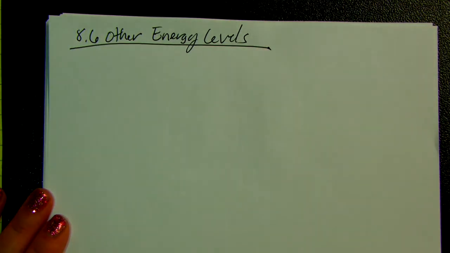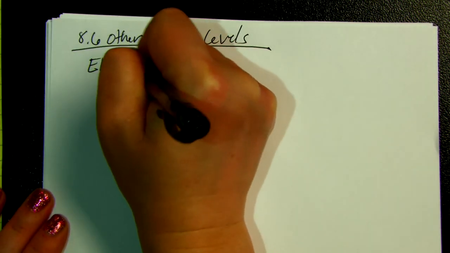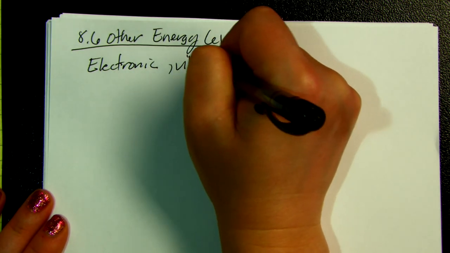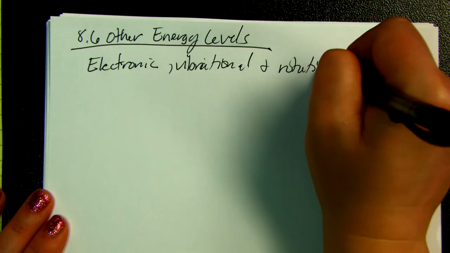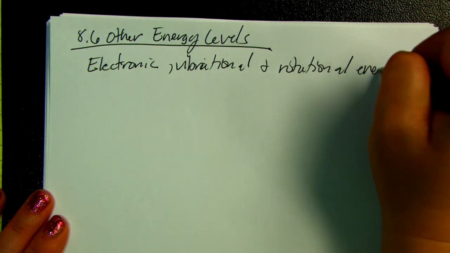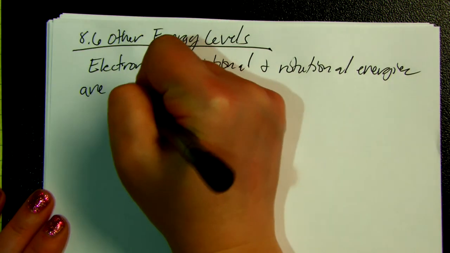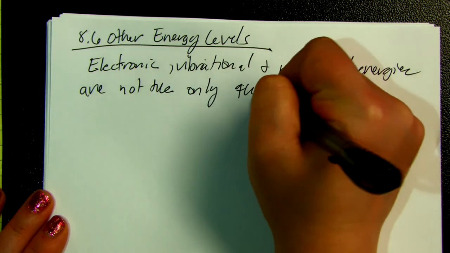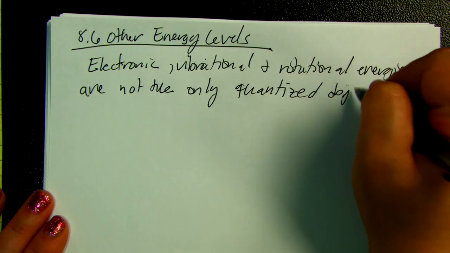So electronic, vibrational, and rotational are not the only quantized objects. Oh no, not even by far.